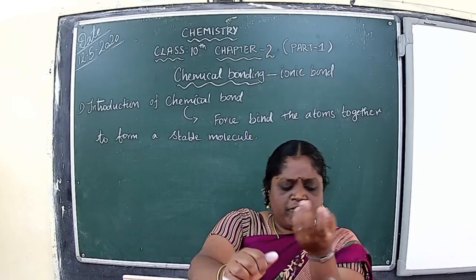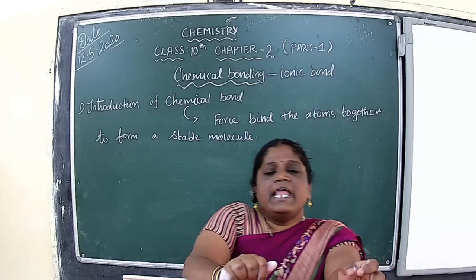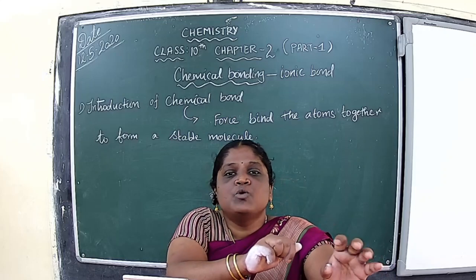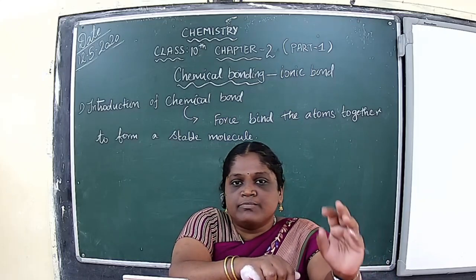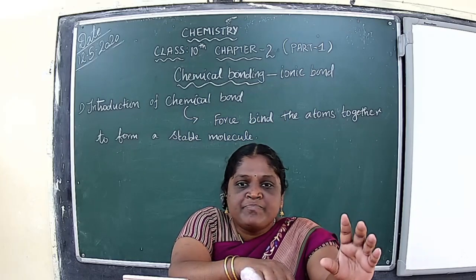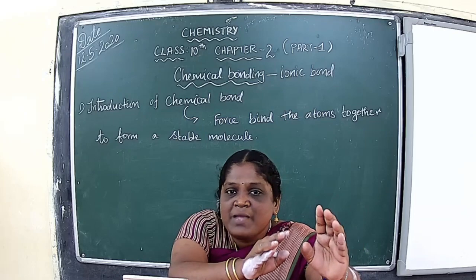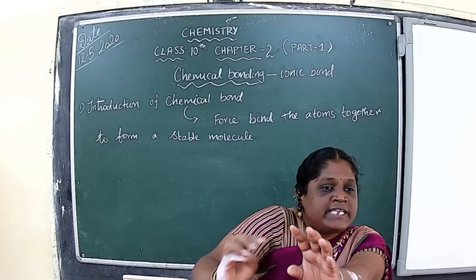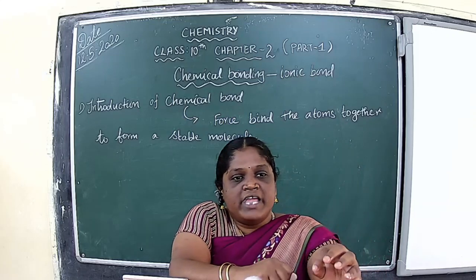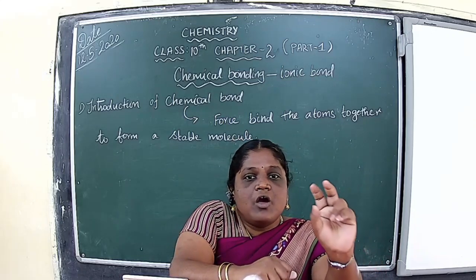Now we know when the force develops, there is a redistribution of the electrons between two participating atoms. How can the stable molecule, the stable electronic configuration, be attained? There are two points.